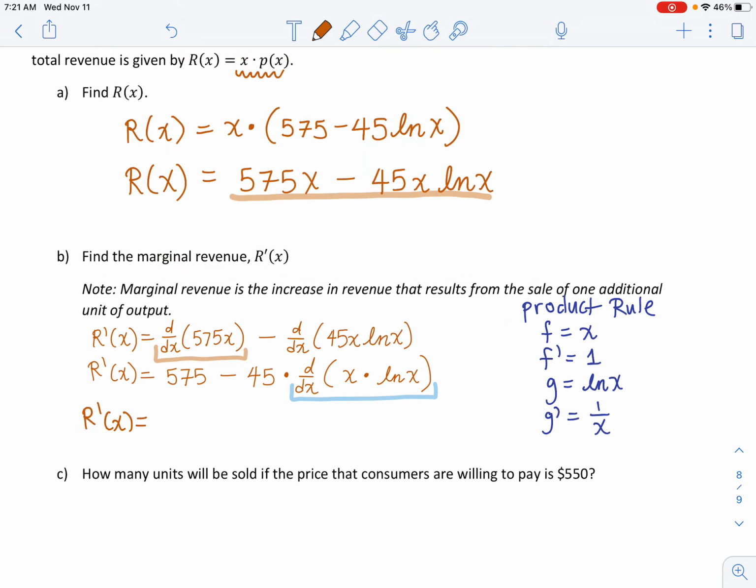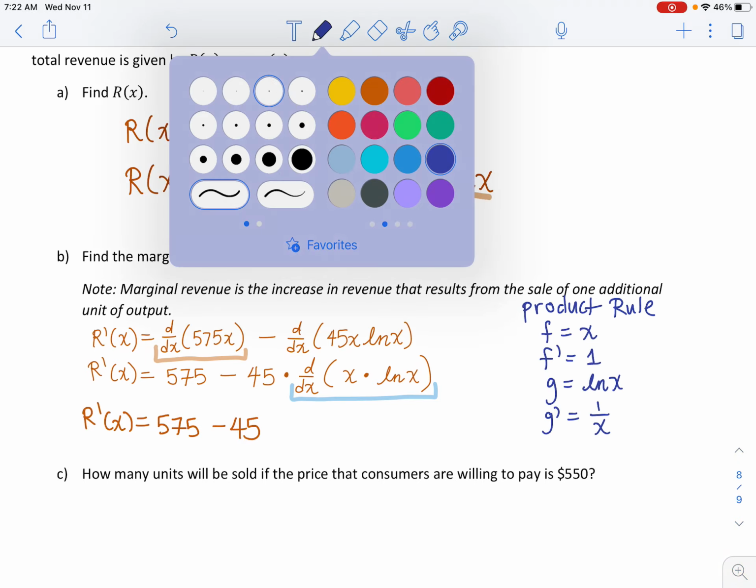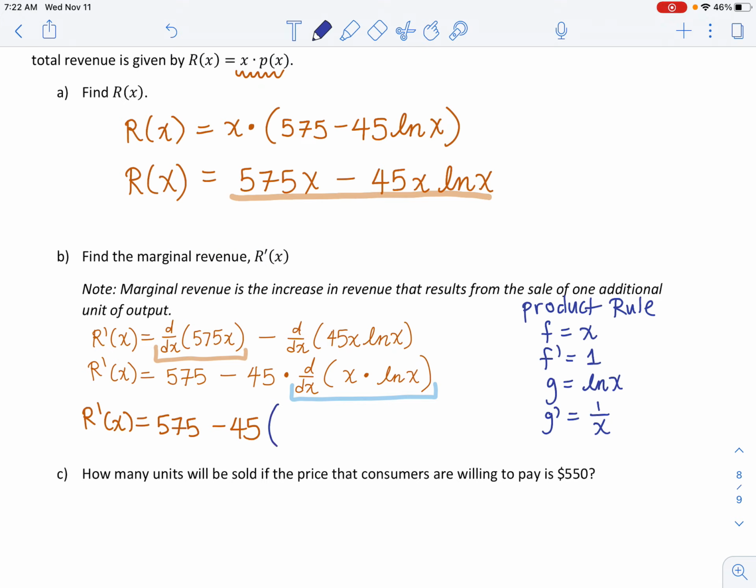R prime of x is 575 minus 45, and we are about to use the product rule here. Remember, the product rule is f g prime plus g f prime.